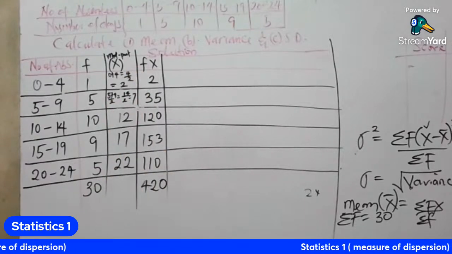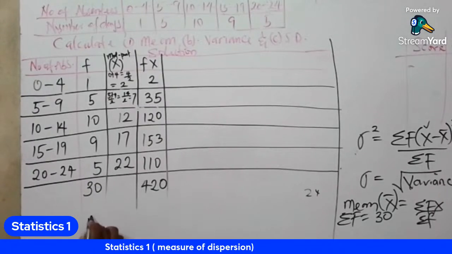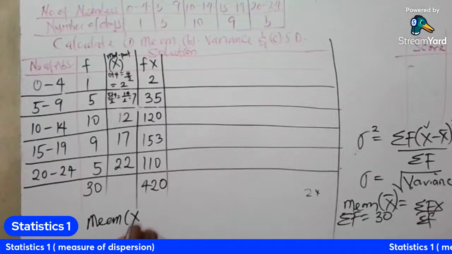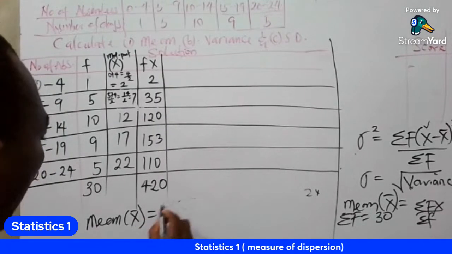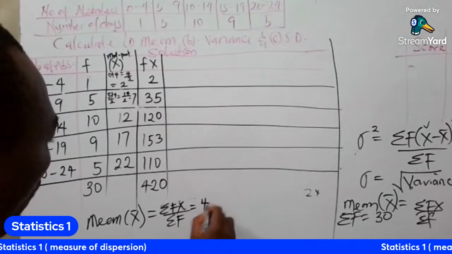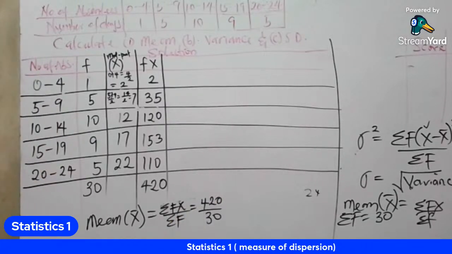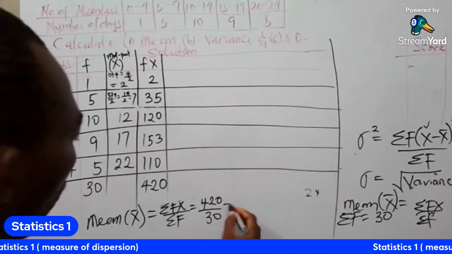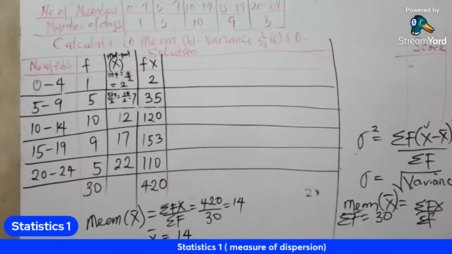So of course, at this point, my mean, which is my x bar, equals summation fx over summation f, which is 420 divided by 30. When you divide 420 by 30, that will give me 14. So my x bar equals 14.